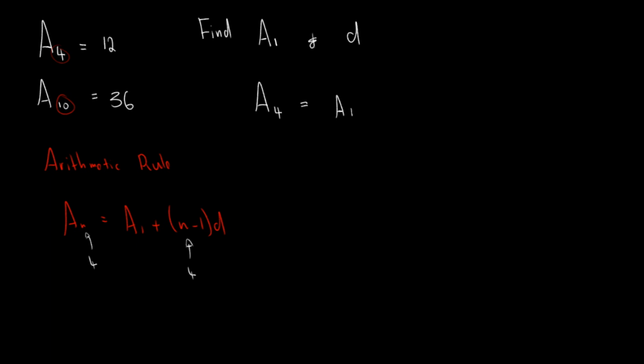There's going to be A1 plus 4 minus 1 is 3, multiply d, that gives me 3d. Let's do the same thing for A10. A1 plus 10 minus 1, that gives me 9, 9 multiply d becomes 9d.